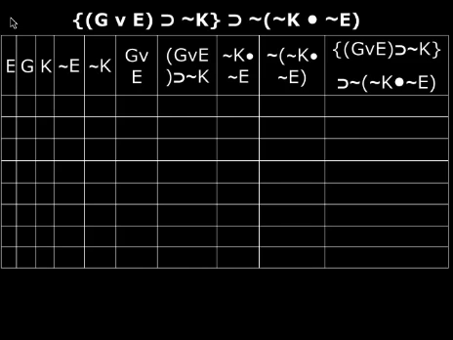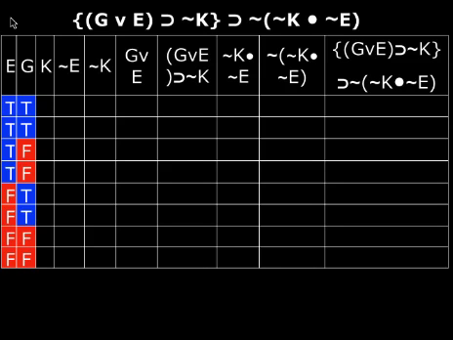Okay, now I need to start filling out columns. Column 1, I'm going to do the top half T's, bottom half F's. Okay? So that's groups of 4. Now I'm going to move over 1 column and alternate by groups half as big. Well, I just did groups of 4, so now I'm going to do groups of 2. True, true, false, false, true, true, false, false.